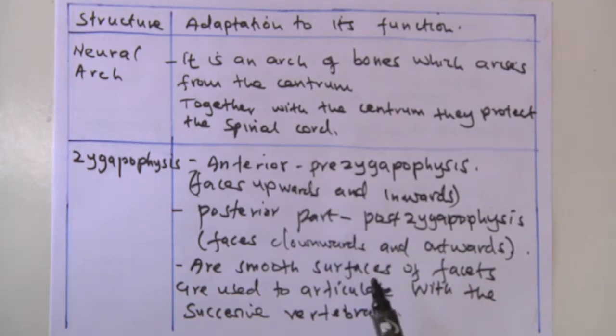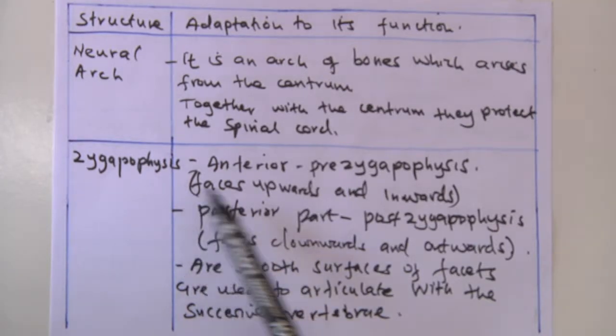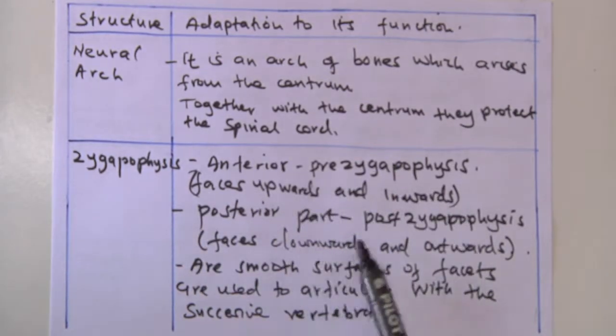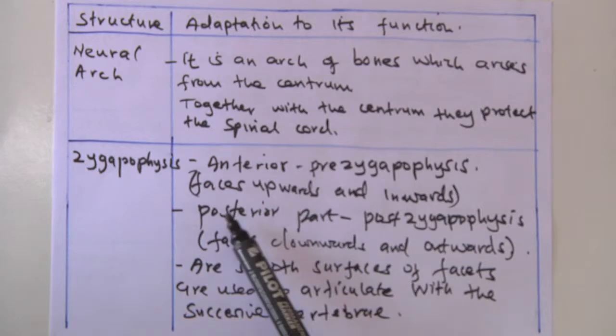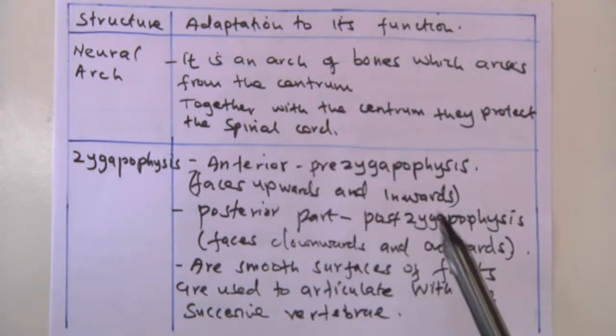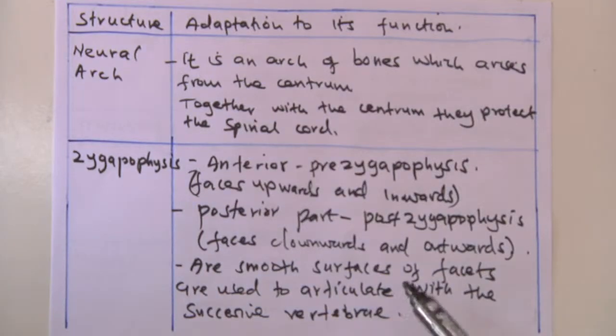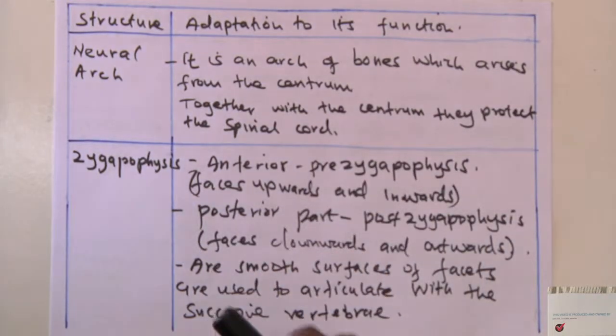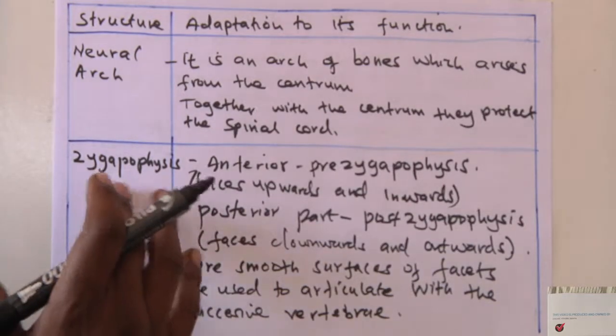And what is going to assist the axis in articulating with the atlas is the fact that it has the pre-zygapophyses and the post-zygapophyses, that is going to be providing that easy articulation. Articulation simply means what? Being fixed on top of another bone. So that is the importance of these zygapophyses.